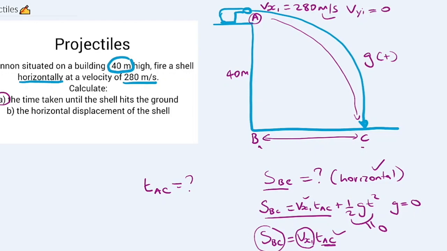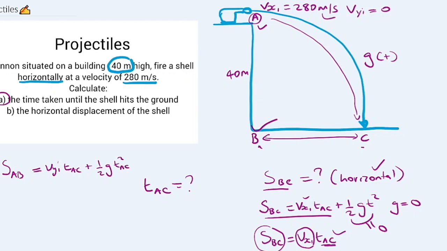To find time, we'll apply one of the equations of motion, but for the vertical, it will be a distance, this distance from here to here. It is distance AB equals the vertical initial velocity times the time it takes A to C, plus half g t squared, AC.